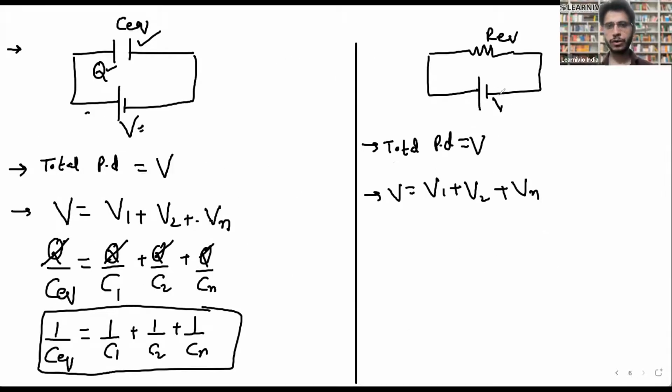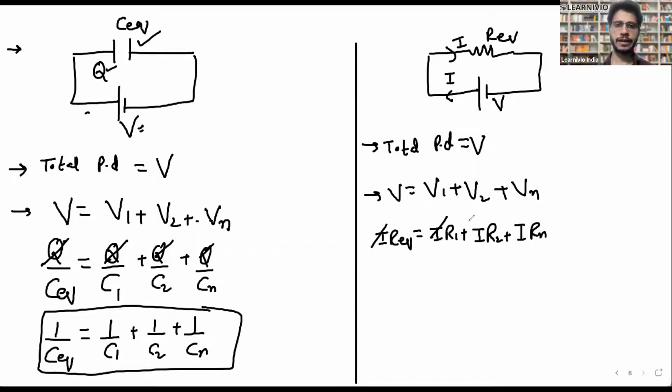See, this is the voltage V and the current through the equivalent resistance is I. In a resistor, we use Ohm's law to calculate voltage: V is equal to I times R. So here V is I into R equivalent, V1 is I into R1, V2 is I into R2, Vn is I into Rn.